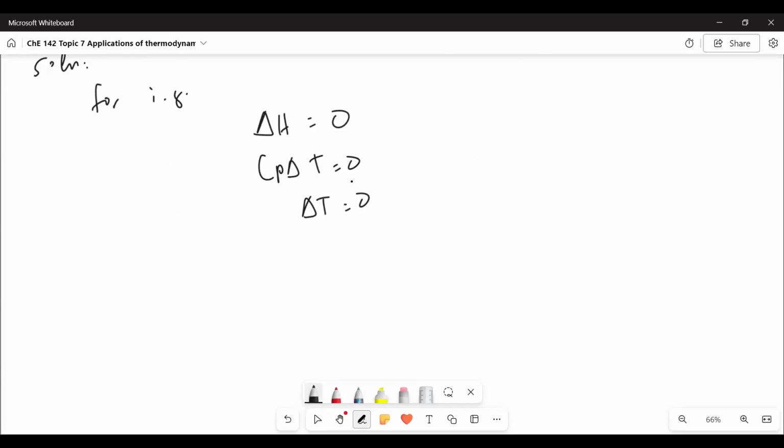So there's no temperature change during the throttling process of an ideal gas.